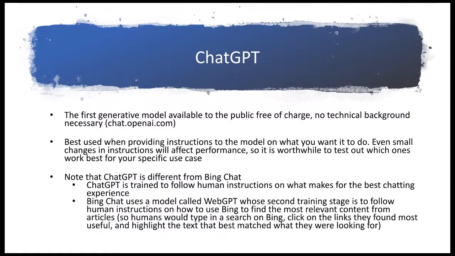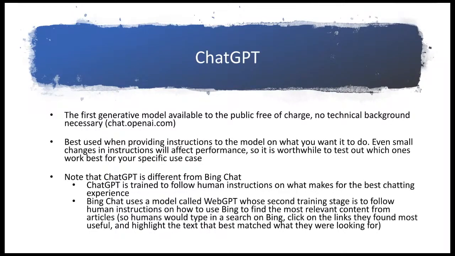The reason is that Bing Chat is basically an entirely different model. It does take OpenAI's latest model, GPT-4, but then it's trained further on a different task. Basically, OpenAI decided that they wanted to teach their model how to use a search engine.